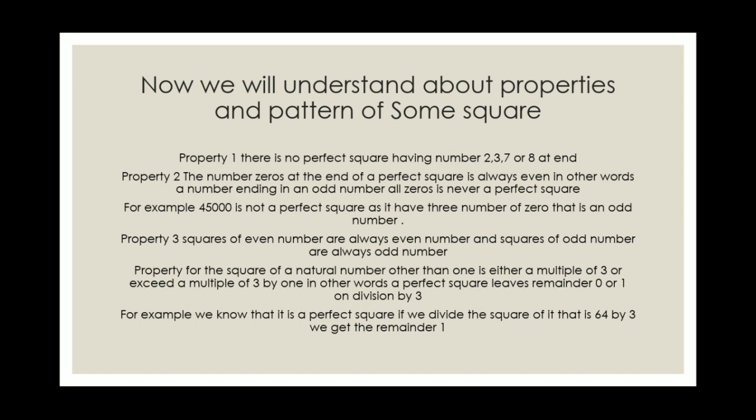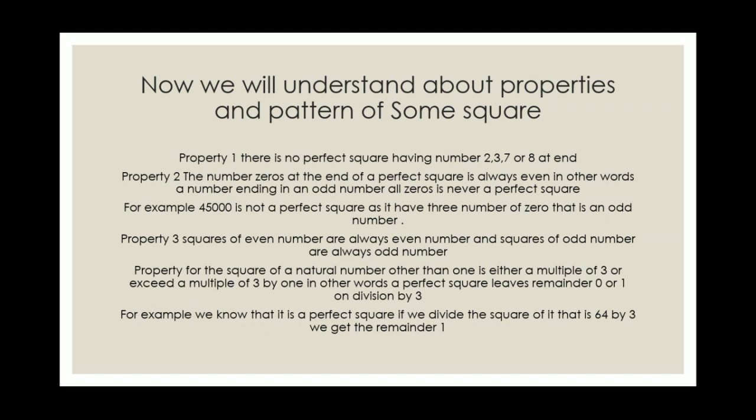In other words, a number ending in an odd number of zeros is never a perfect square. For example, 45,000 is not a perfect square as it has 3 zeros, which is an odd number. Property 3: squares of even numbers are always even and squares of odd numbers are always odd.